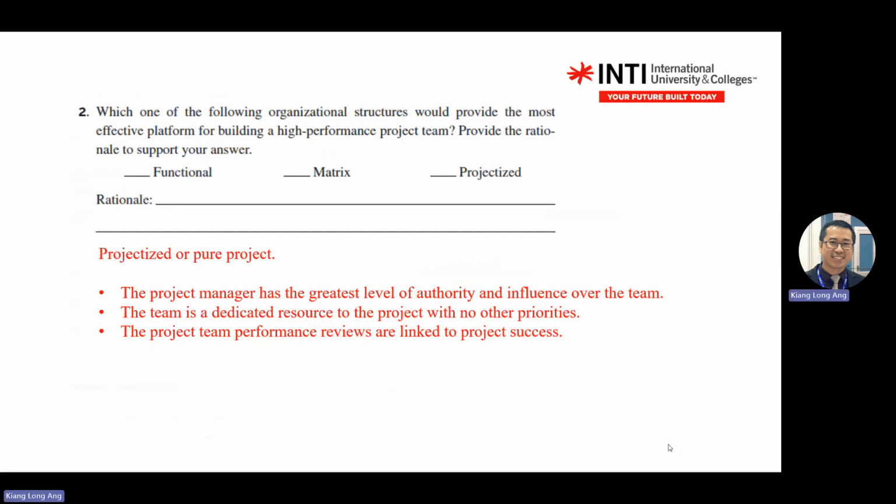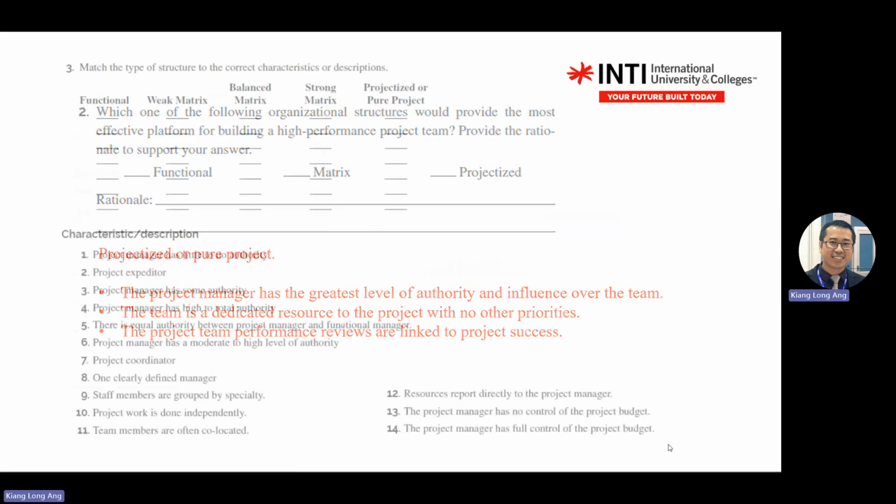If you go back to the traditional one, success or performance reviews are based on P&L, or profit and loss, of the functional groups. But for projectized or project-based, the P&L is based on the projects.